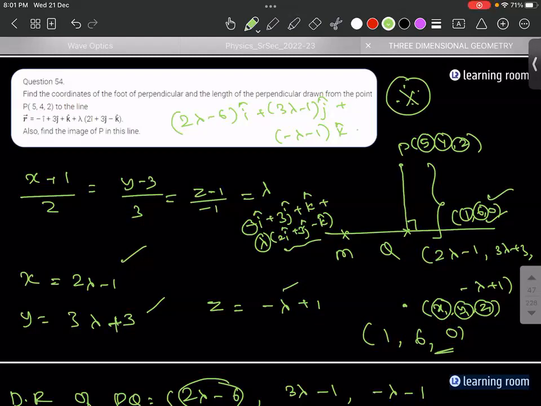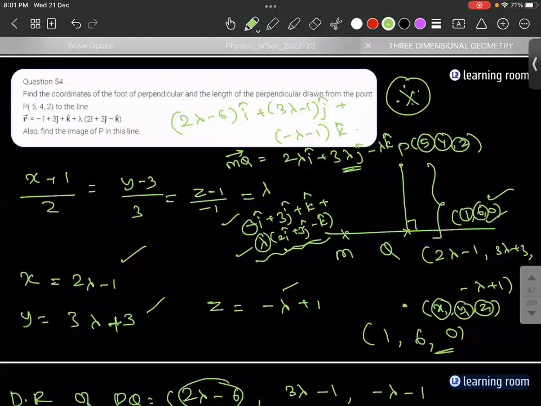Sir, not like this, you're adding both. PQ vector is nothing but Q vector minus P vector, right? Sorry, my bad. PQ vector is what I wrote.